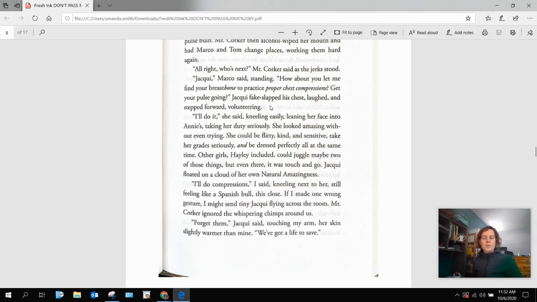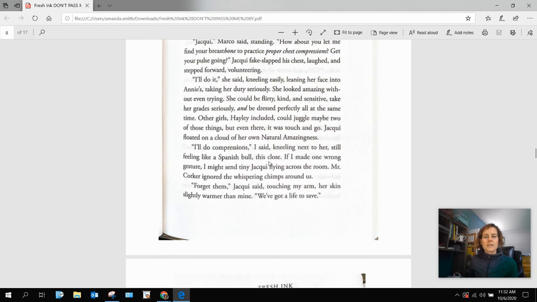She looked amazing without even trying. She could be flirty, kind, sensitive, take her grades seriously, and be dressed perfectly, all at the same time. Other girls, Haley included, could juggle maybe two of those things, but even there it was touch and go. Jackie floated on a cloud of her own natural amazingness.